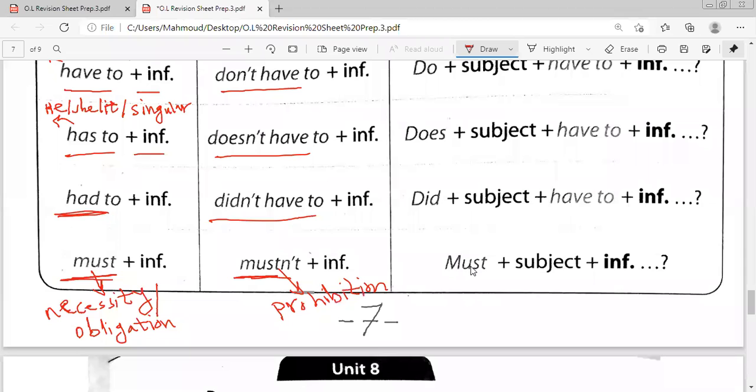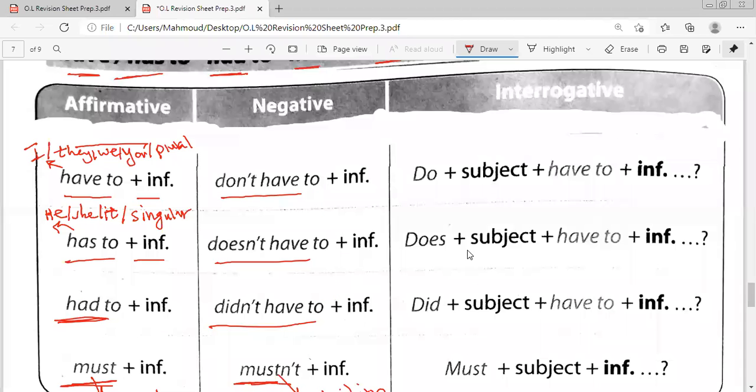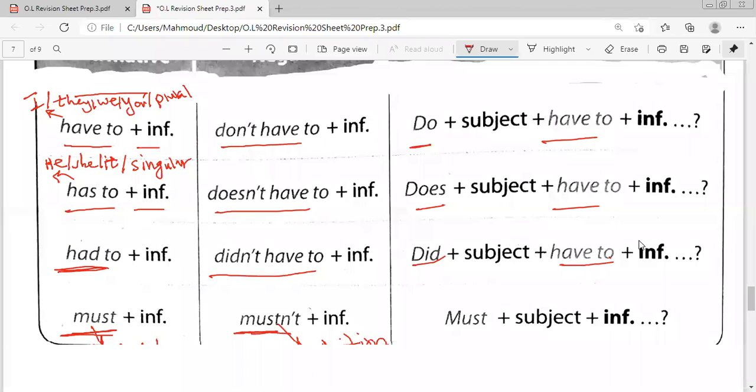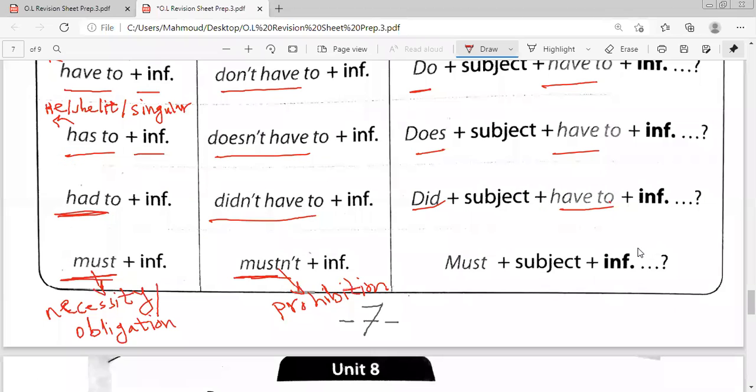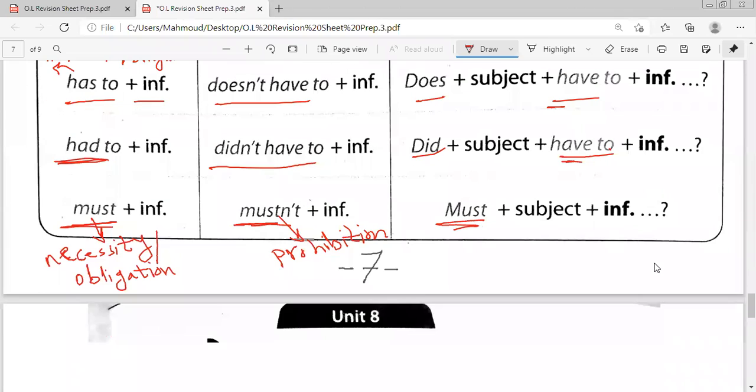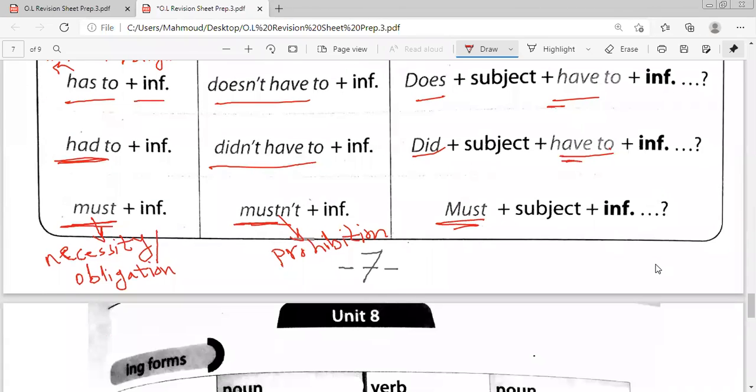You cannot do it at all. If you want to make the interrogative, the question, you can use do or does or did with have to. If you find do or does or did, or don't or doesn't or didn't, you have to change the verb into the infinitive. Have to and then the infinitive. And must, you can use it in the question. Yes, you can use it in the question.